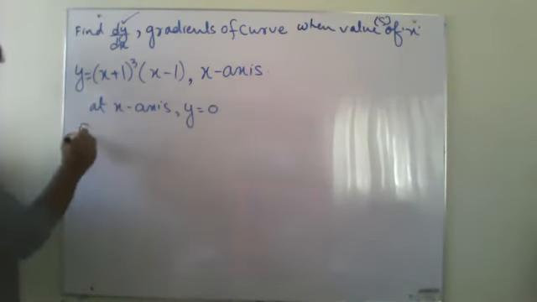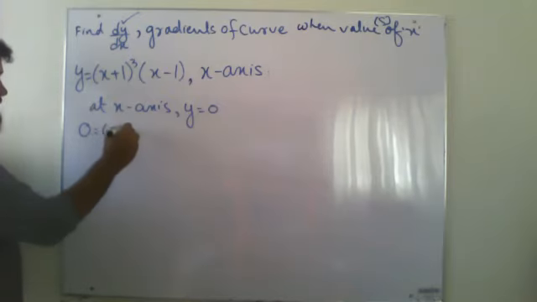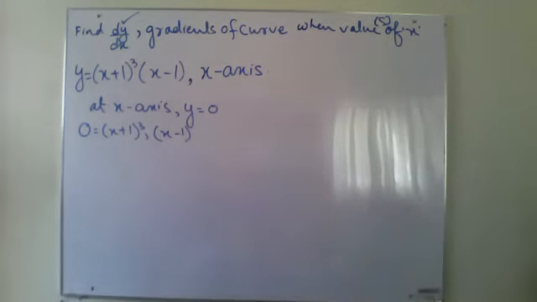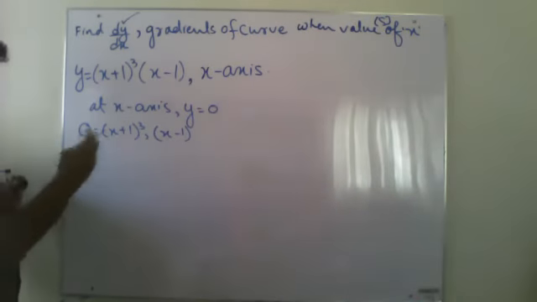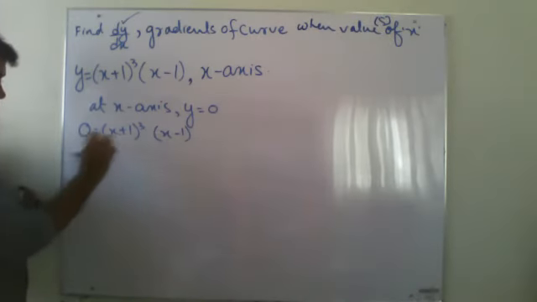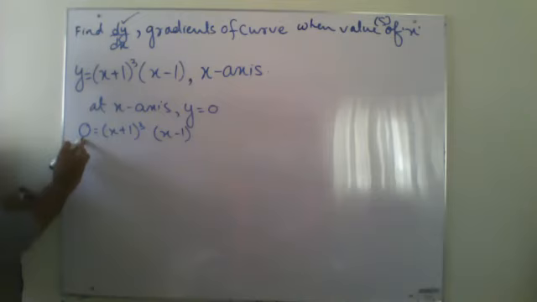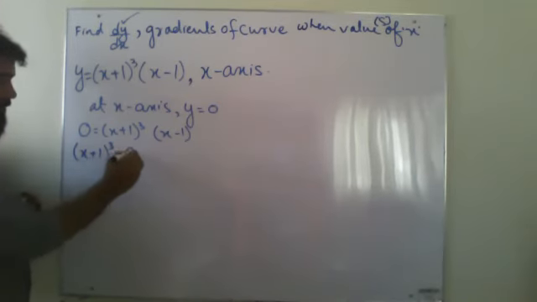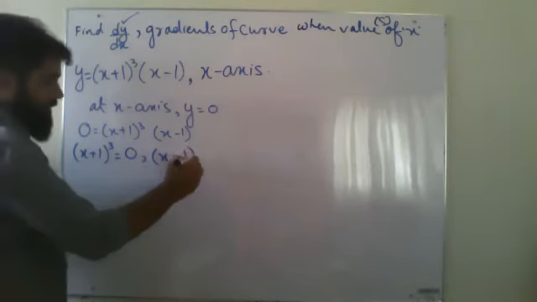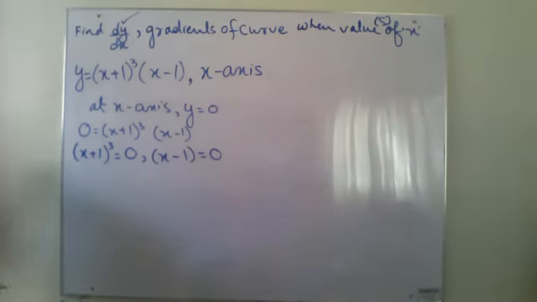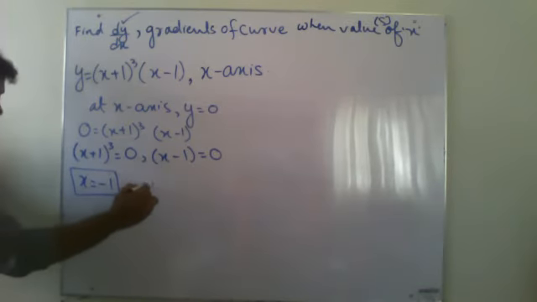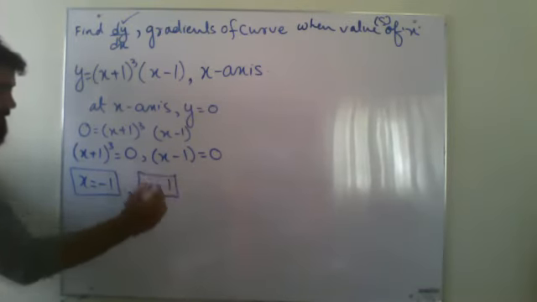So putting 0 over here, 0 equals to (x plus 1) whole cube (x minus 1). Okay. After this, these two are in the product form and result is coming 0. It means either (x plus 1) whole cube is equals to 0 or x minus 1 equals to 0. Okay. So cube root, simplifying it, the answer will be x equals to -1 from here and x equals to 1 from this side.